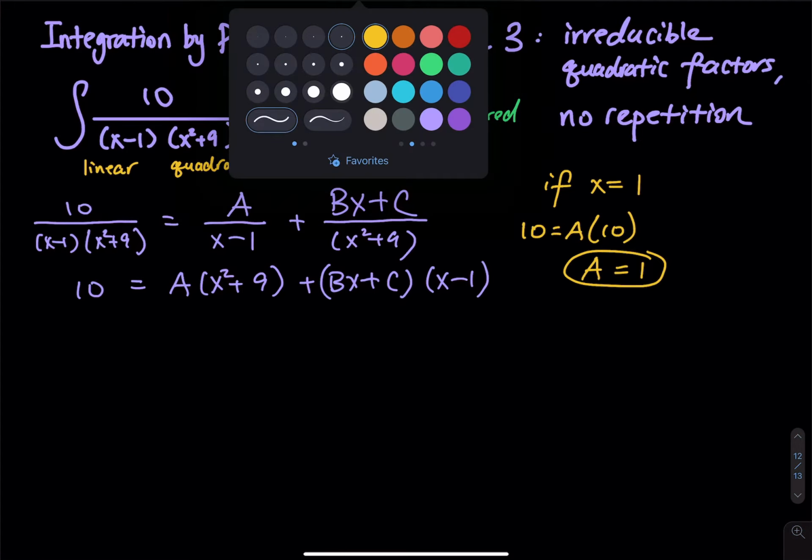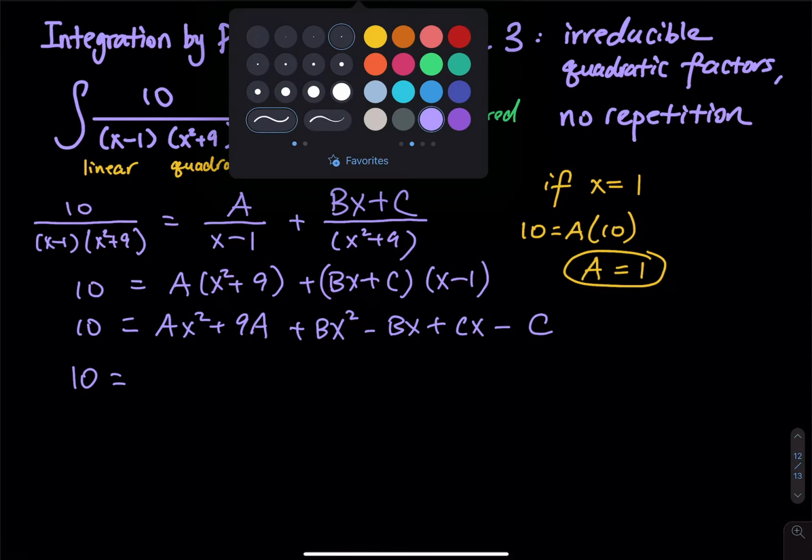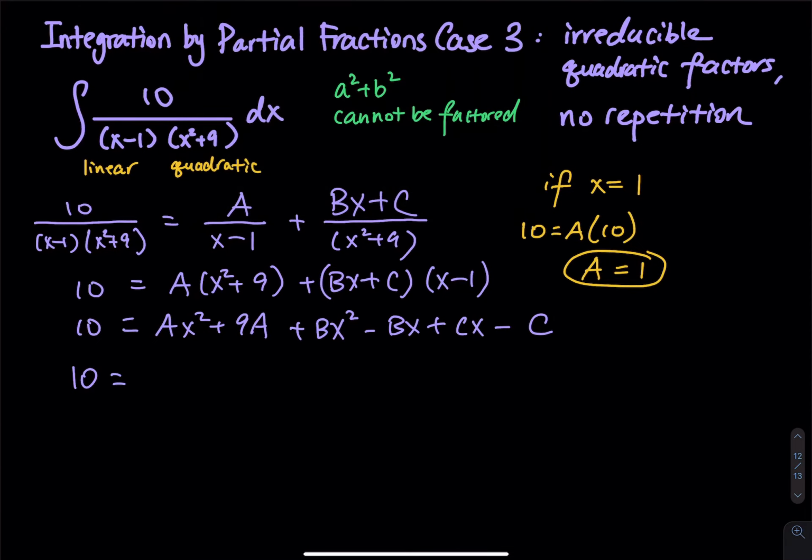So let's fully open up. 10 is equal to, by distribution, ax squared plus 9a, and then plus bx squared minus bx plus cx minus c. And then you group all the squares together. Let's use color to separate them.